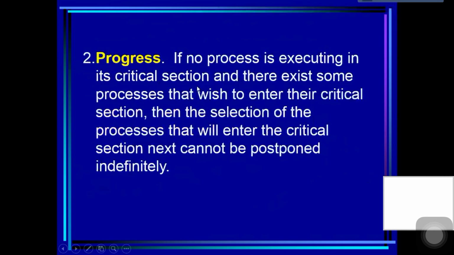Second, progress. If no process is executing in its critical section and there exist some processes that wish to enter their critical section, then the selection of the process that will enter the critical section next cannot be postponed indefinitely.